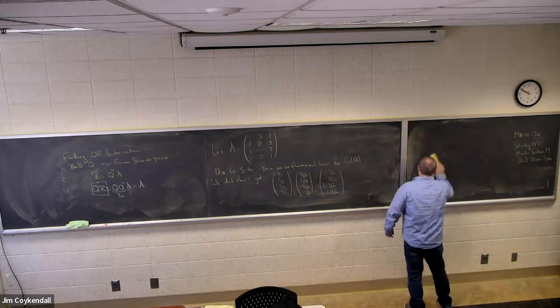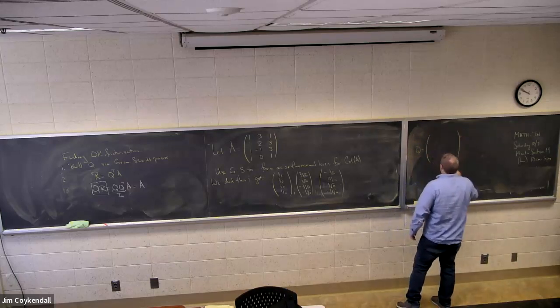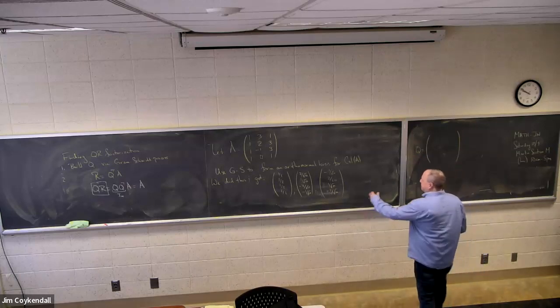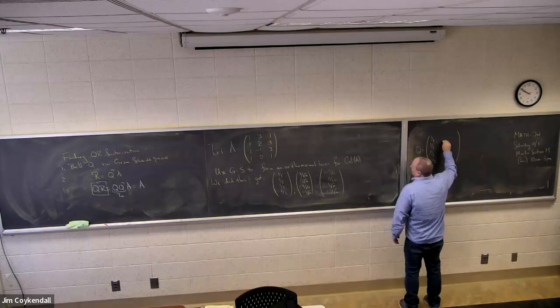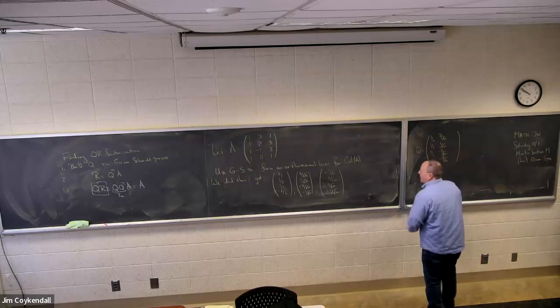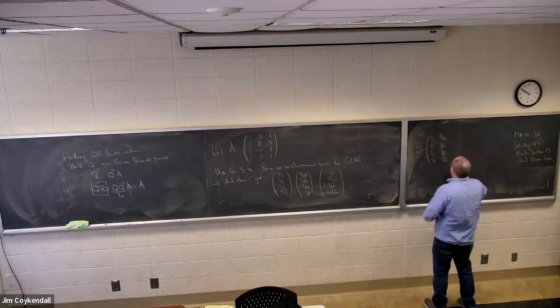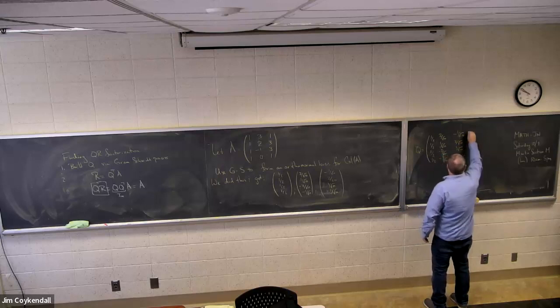Let's see what Q is. It's just this thing: 1/2, 1/2, 1/2, 1/2; 2 over radical 10, 1 over radical 10, minus 2 over radical 10, minus 1 over radical 10; and finally, minus 1 over radical 10, 2 over radical 10, 1 over radical 10, minus 2 over radical 10.